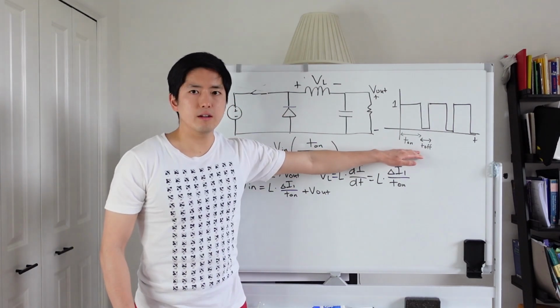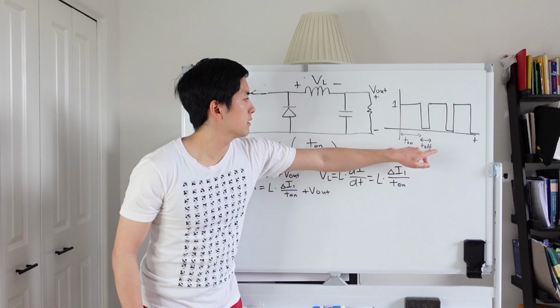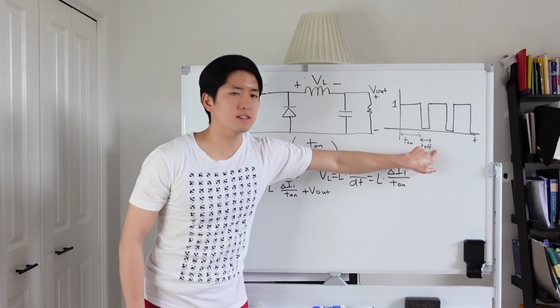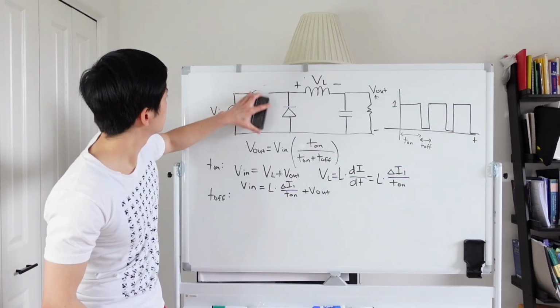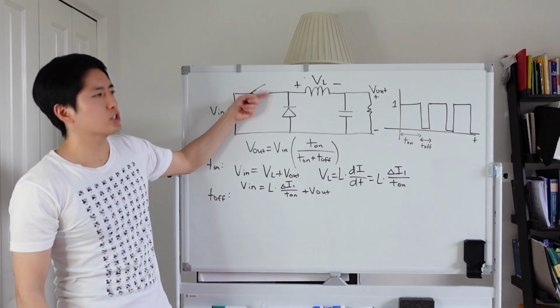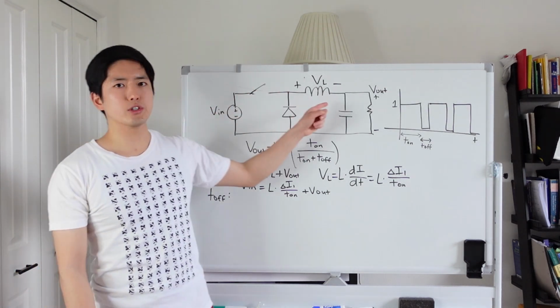Now after this T-on interval, which is not very long, the switch will then open. So we're going to be in this T-off interval. So what happens when the switch is open? The source is no longer part of the circuit.